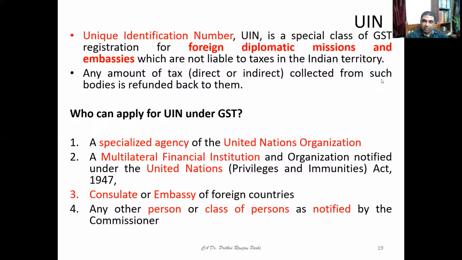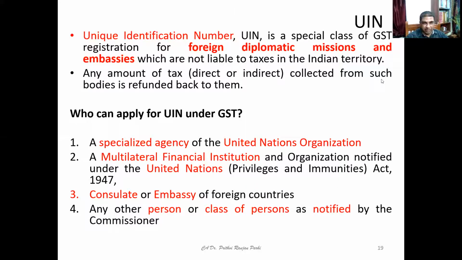Okay, but they have to apply for this UIN. So who can apply for this UIN? Number one, a specialized agency of United Nations organization. If some agency of UNO is there, then they can apply for this UIN registration. Or a multilateral finance institution or organization notified under the United Nations Privileges and Immunity Act 1947.